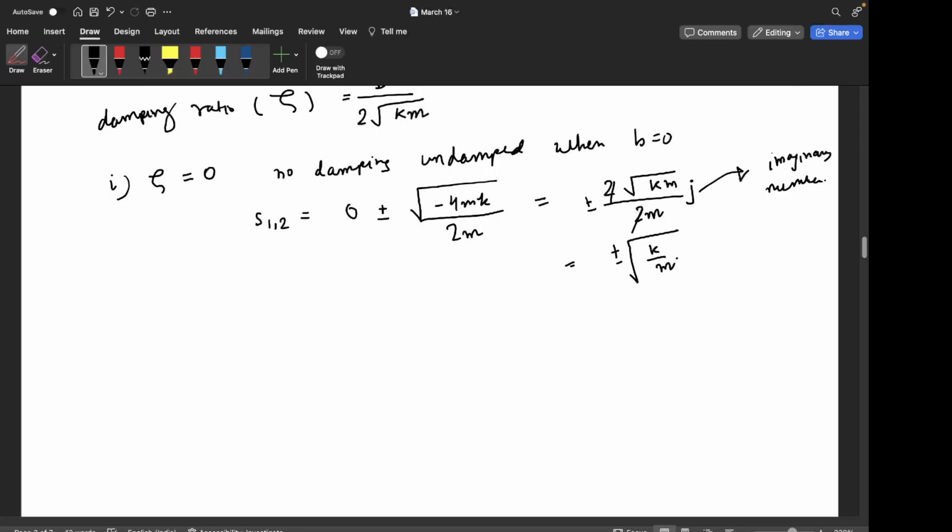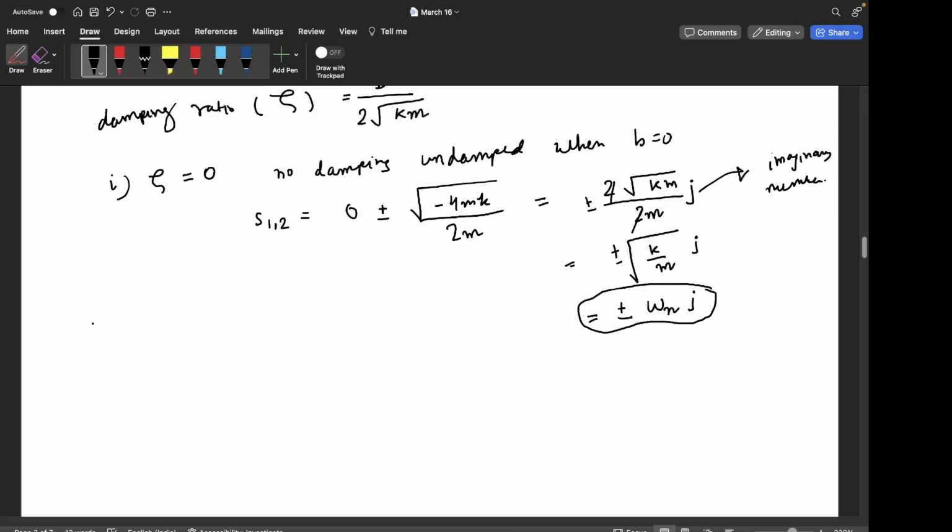This is what you will get, and this term will look familiar to you. This is what we defined as the natural frequency, isn't it?